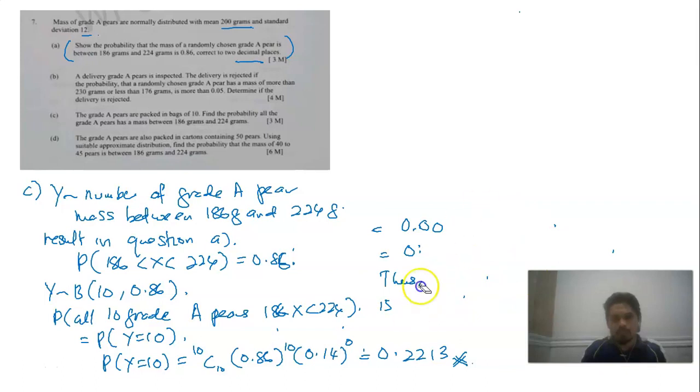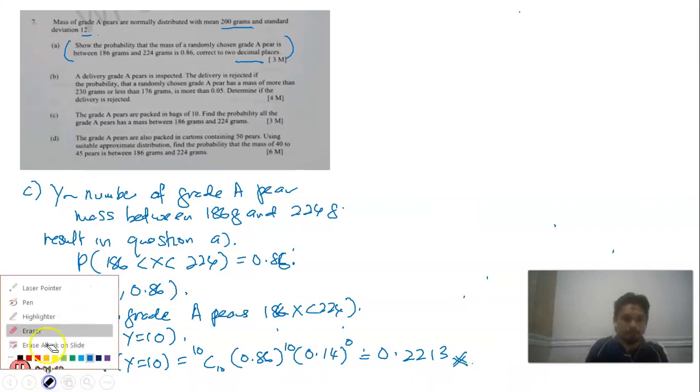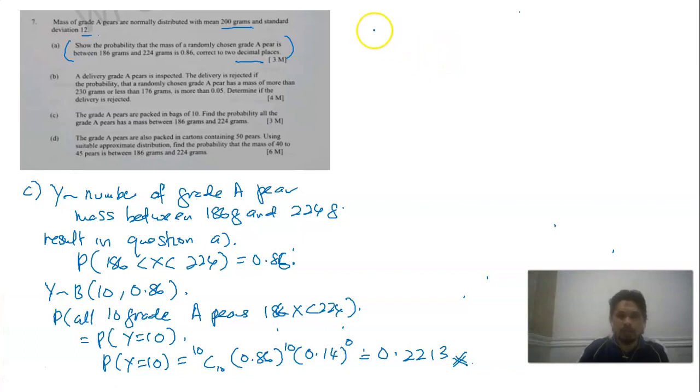And the last, final one, question D. The grade A pears are also packed in cartons containing 50 pears. Using a suitable approximation distribution, it might be normal, Poisson, or binomial, find the probability that the mass of 40 to 45 pears is between this range.